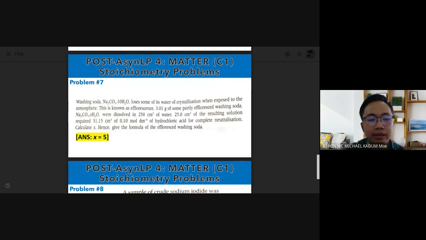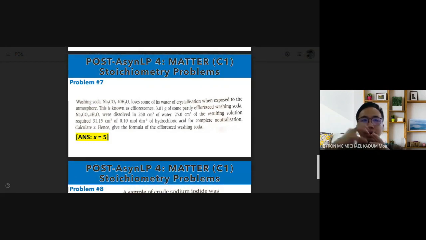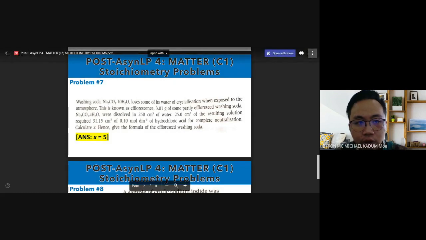Jadi bila dia terdedah dengan atmosphere, all of the 10 molecules of water over here will be attracted to dia punya adik-beradik air yang dalam atmosphere. So dia akan melepaskan diri dia lah. Okay? This is known as efflorescence.